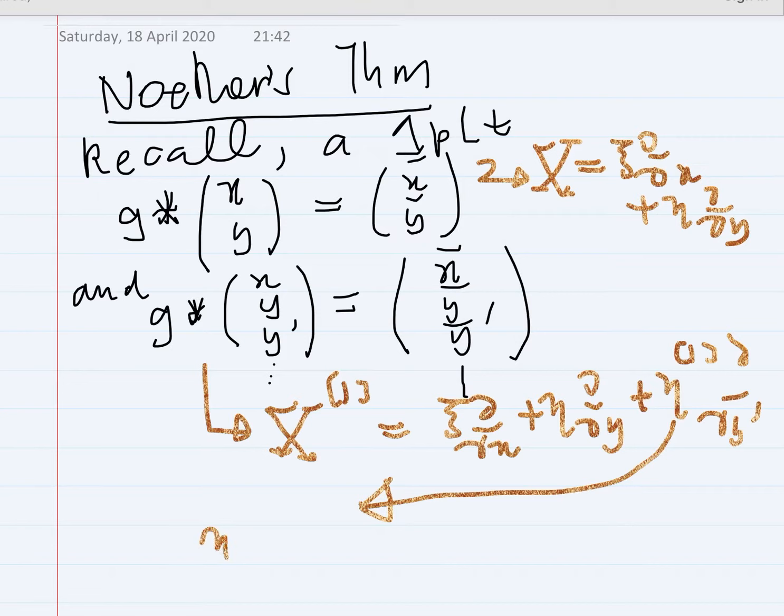So, for example, eta 1 was equal to the total derivative of eta with respect to x, plus y dashed times the total derivative of xi with respect to x.